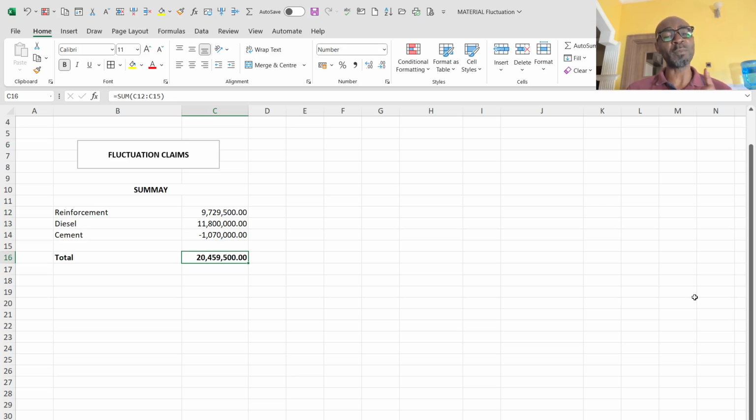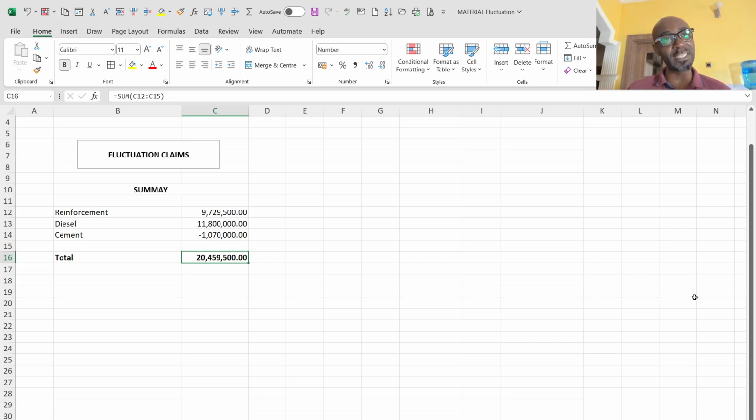One of the most important ingredients that has to be inserted in the contract is either the base date or a schedule of basic rates, where you insert the prices of those basic items listed on that schedule. That then becomes the reference point.